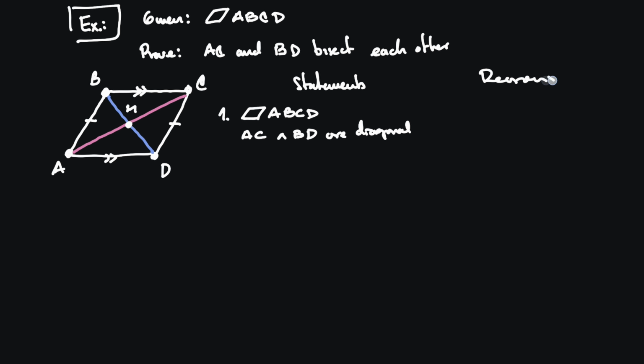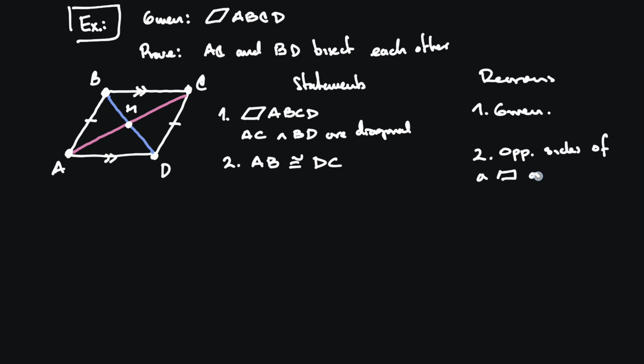So reasons, and this is given. All right, number two. We know by one of the corollaries that we just studied that opposite sides in a parallelogram are congruent. So AB is congruent with DC. We already established that. And this is by opposite sides of a parallelogram are congruent, right?